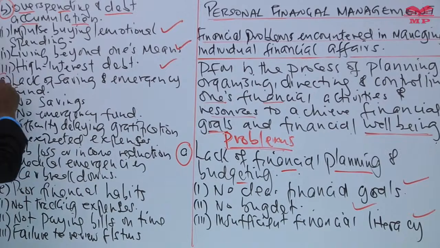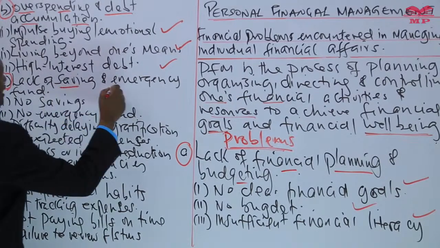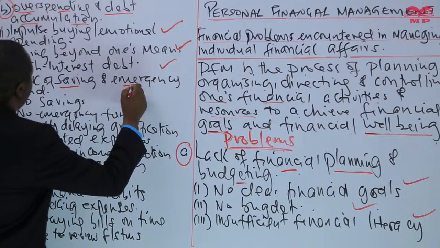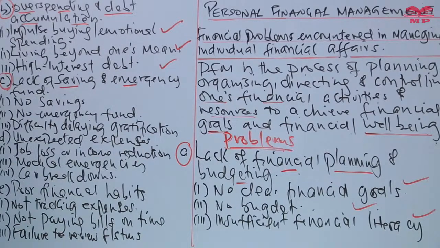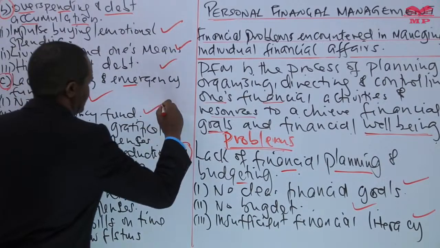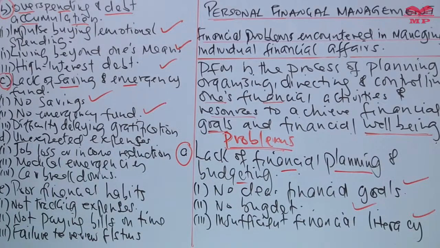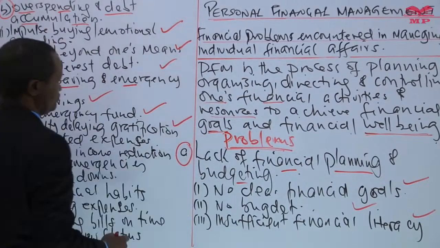The third category is lack of saving and emergency fund: having no savings, having no emergency fund, having difficulties delaying gratification.